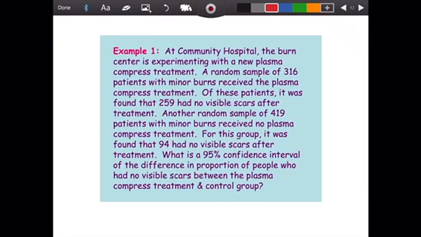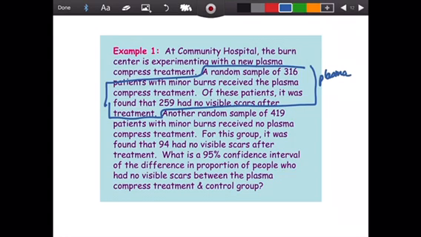Let's go back to example 1. Same situation we were dealing with before. We had those getting the plasma compress treatment here, and those that received no plasma compress treatment.